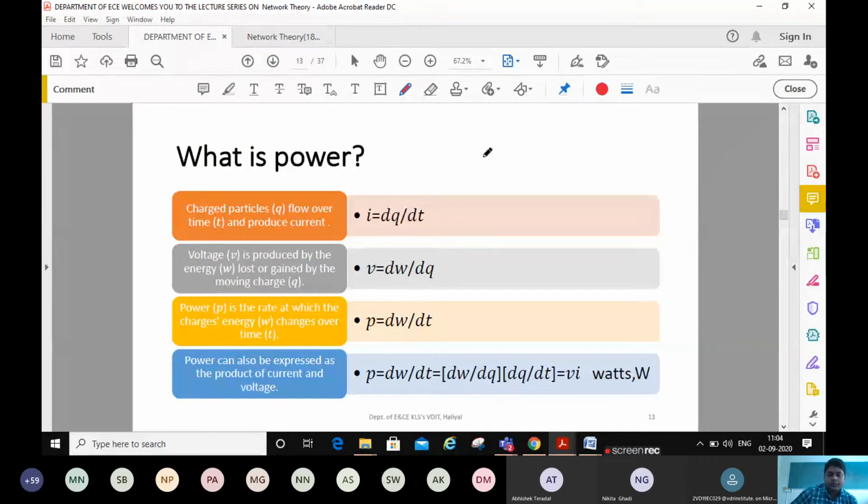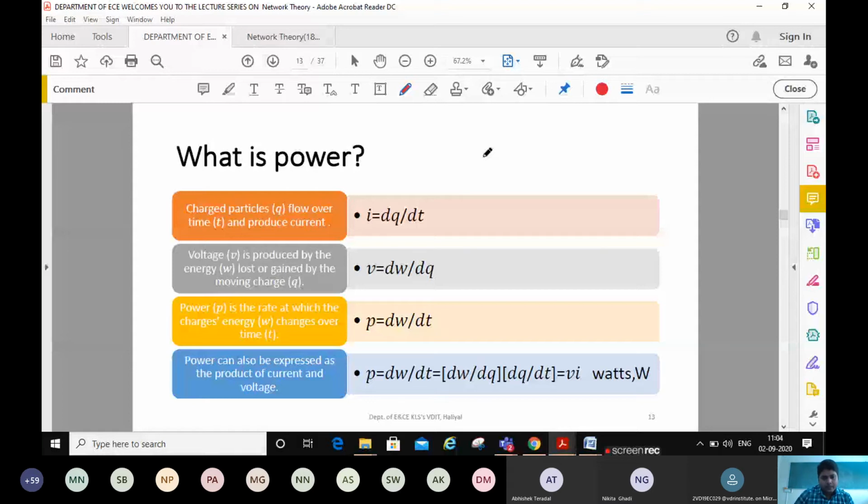the main thing here we need to discuss is about power. So how to use this power here now, the definition of power. Power can be related to charge as well as energy. In general, in terms of the numerical values, power is the product of voltage and current. But how to prove it?